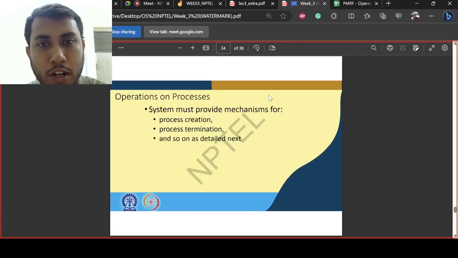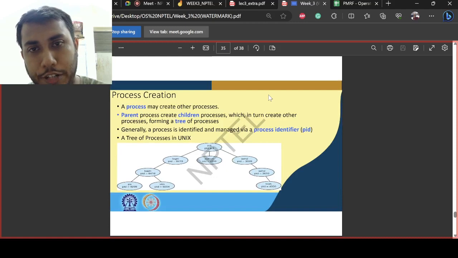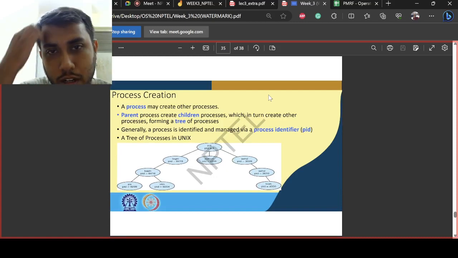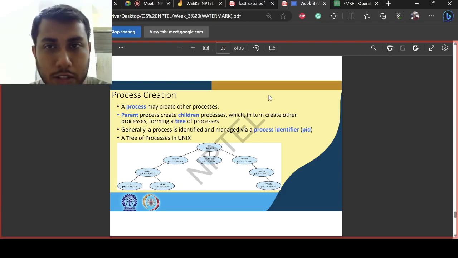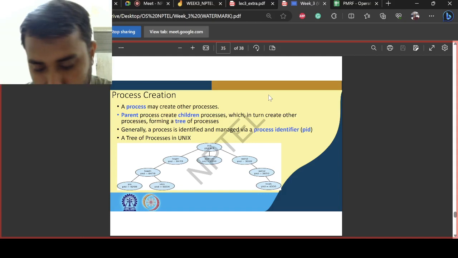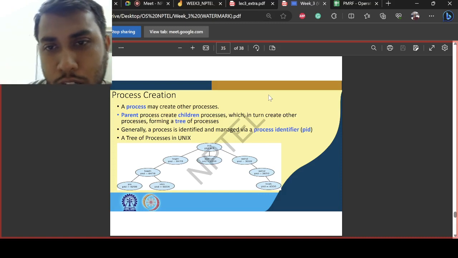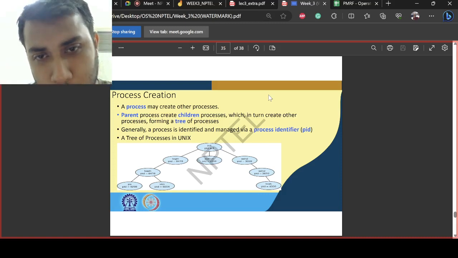Then there are operations on processes. This is a process creation chart. A process can be created as well as destroyed. In Linux, there is the fork command to do this.